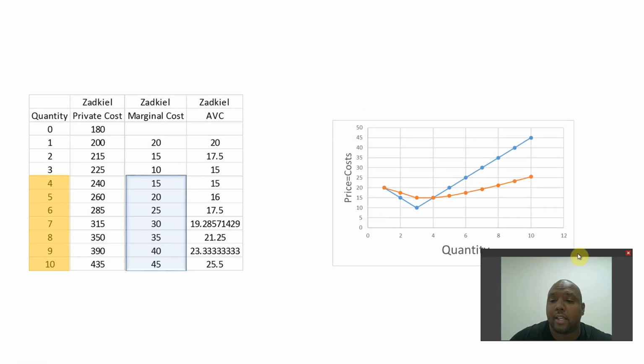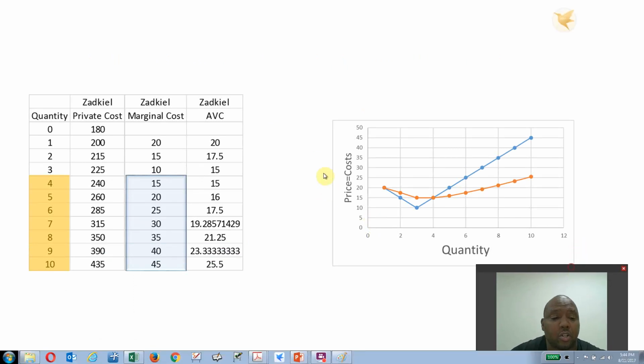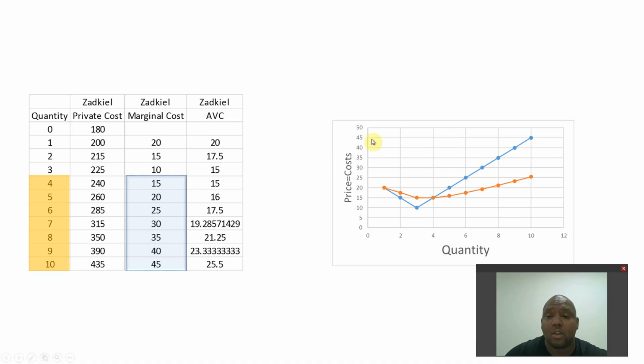What we have here is a picture of the situation that I just spoke about. We have the quantity 4, 5, 6, 7, 8, 9, and 10, and then we have the price equal to the marginal cost. Remember, price equals cost. These costs are in terms of dollars, so we could say the price is equal to cost because a cost is a dollar amount.